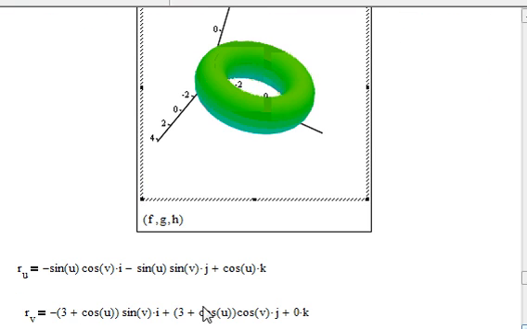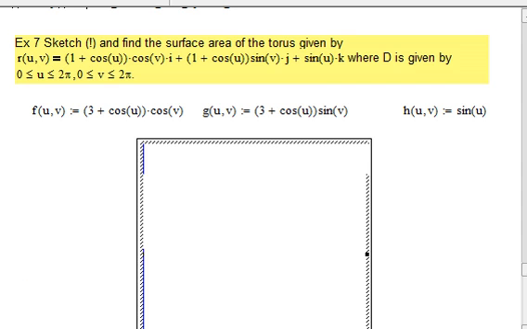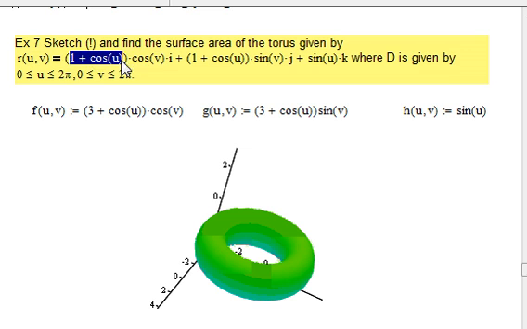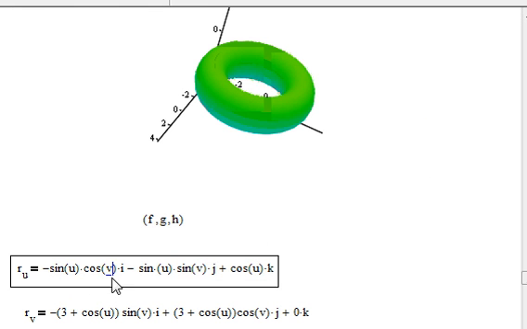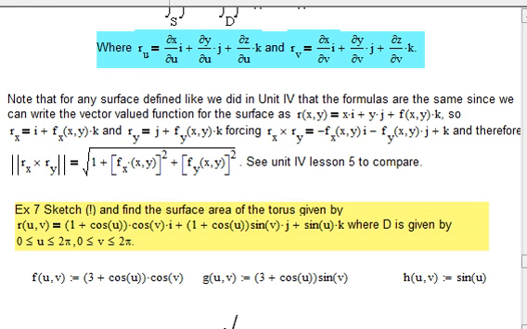All right, well, r sub u is the partial derivative of this with respect to u, and that would be, let me see, partial of 1 is 0. Partial of cosine of u is negative sine of u, but don't forget this would be a constant, so it's negative sine of u times cosine of v, times i.